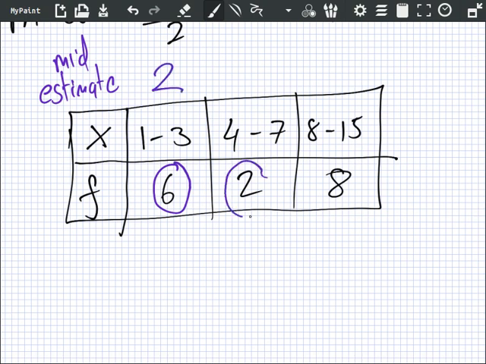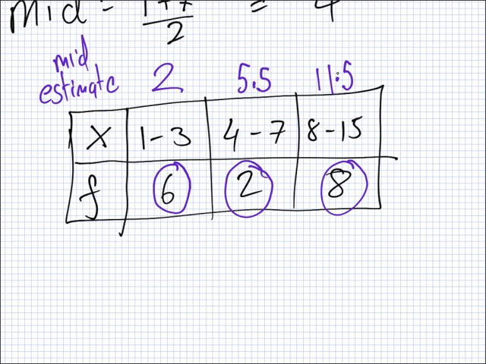I would think these 2 numbers should roughly equal 5.5. And I think these 8 numbers will roughly equal, what's that now? 11.5, isn't it? Okay? So, just add, divide by 2. 8 plus 15 divided by 2 gives me the middle.